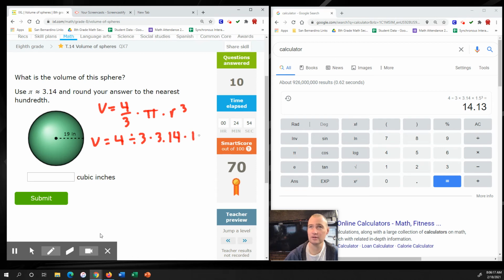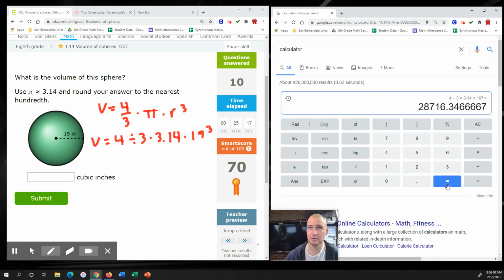They gave it to us directly, so 19 to the third power. Clear. 4 divided by 3 times 3.14 times 19. This number is going to be pretty large. To the third power.